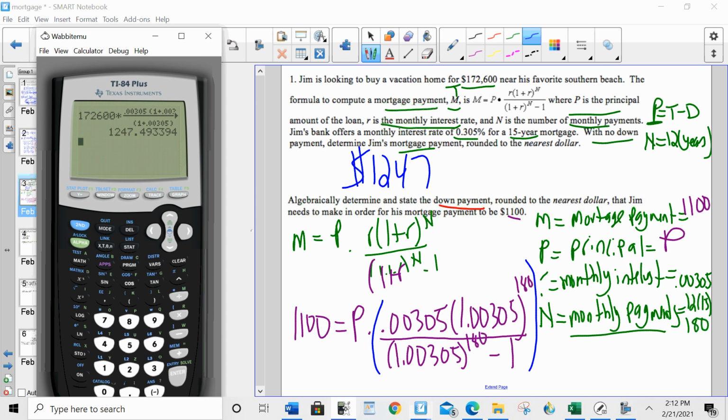So I'm going to go alpha y equals enter, 0.00305, 1.00305 to the power of 180 over 1.00305 to the power of 180 minus 1. I get 0.007 dot dot dot.